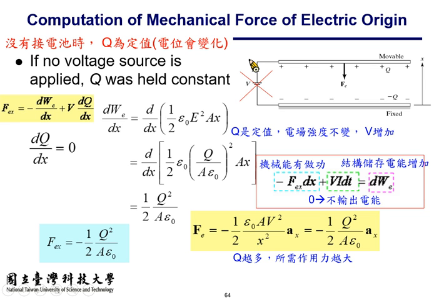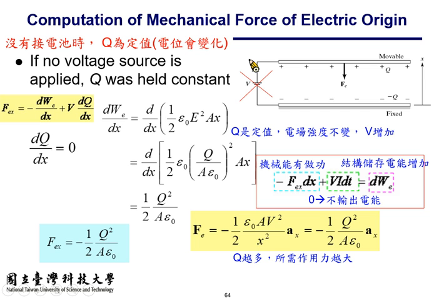Let's check. Because there is no battery connected, the amount of total charge stored in the top and bottom plate is not changed, no matter how the distance varies, no matter how far you raise up the plate. And because the total charge remains constant, the electrical field intensity does not change.